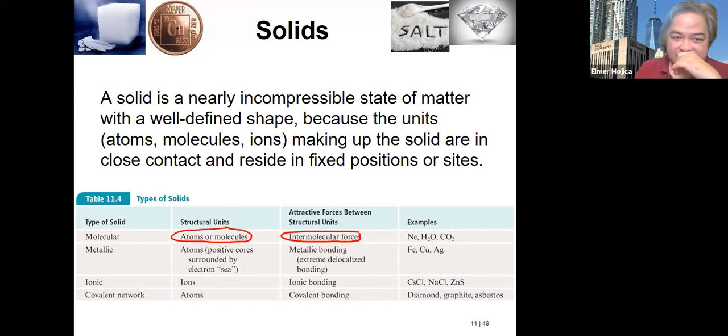Metallic solids, on the other hand, are made up of elements that are metals. What you have there are atoms surrounded by the so-called sea of electrons. So the attractive force that you have there is metallic bonding.